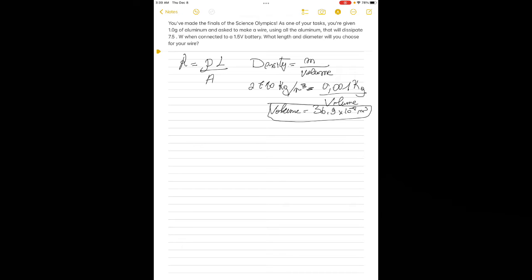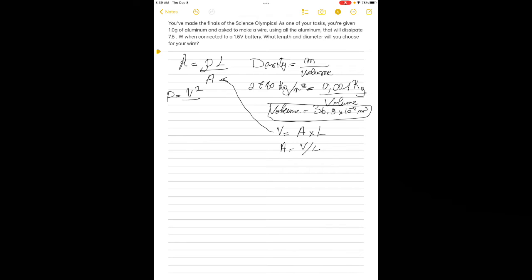Okay, so we know that the volume is equal to area times the length, so the area is equal to volume divided by length. Actually, we can just find the resistance from the power.